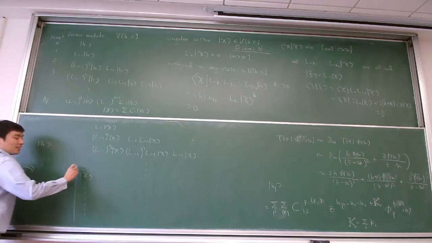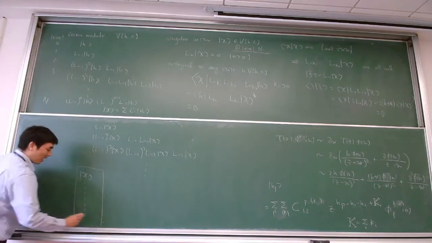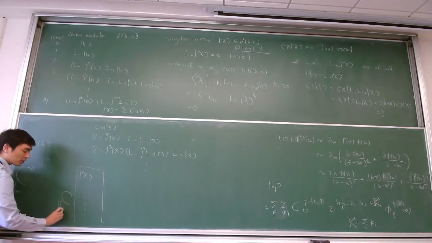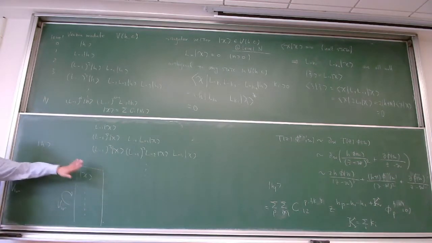But if you only look at the descendants of chi, the Virasoro algebra also acts on it, and all states are null here.